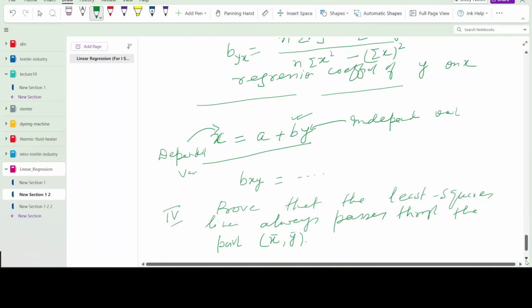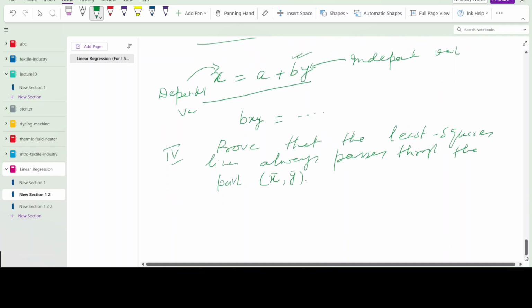What is x bar, y bar? X bar is the average value of all observations of x, and y bar is the average value of all observations of y. We have to prove it. How will we prove it?